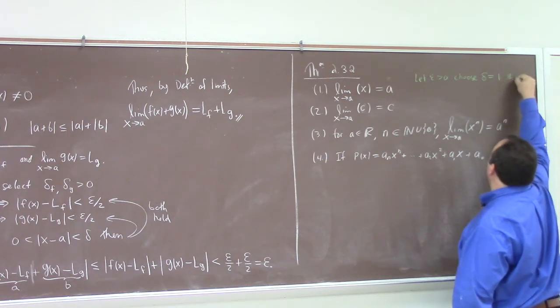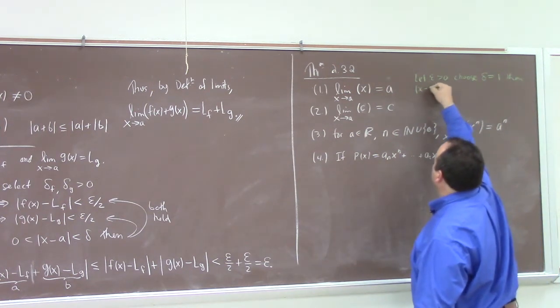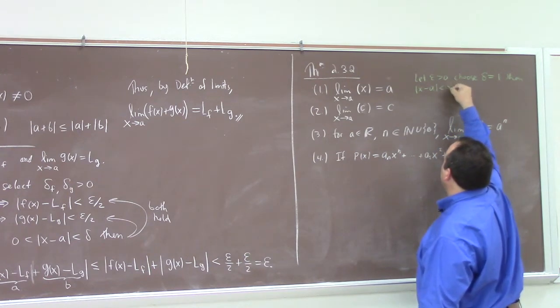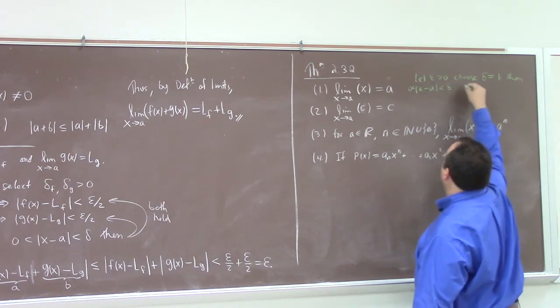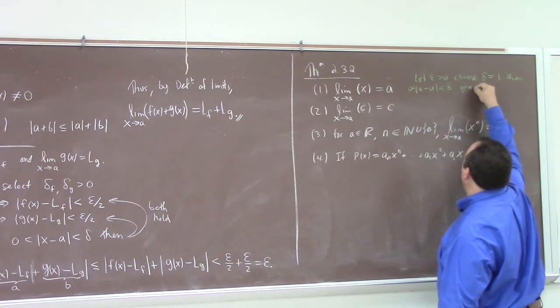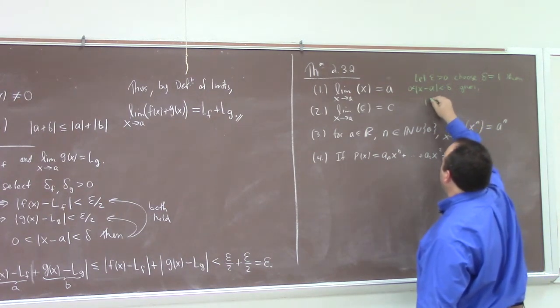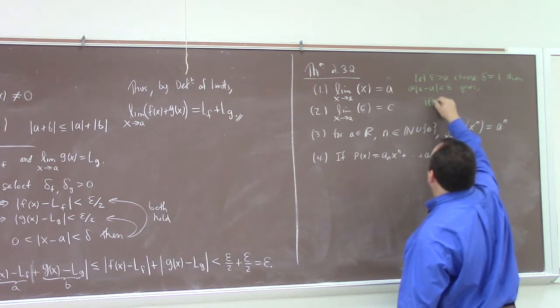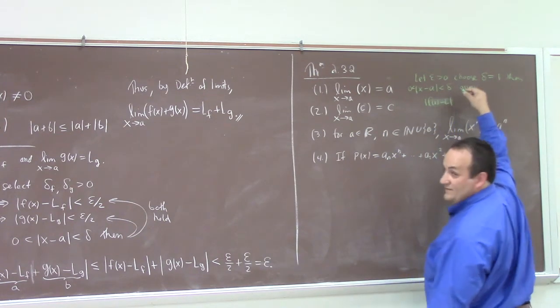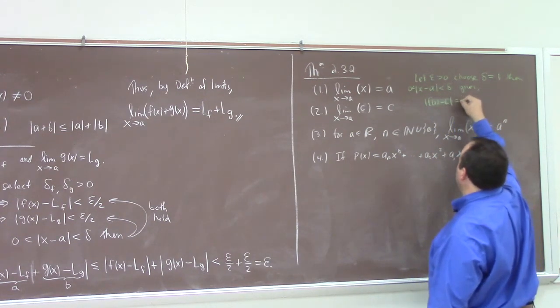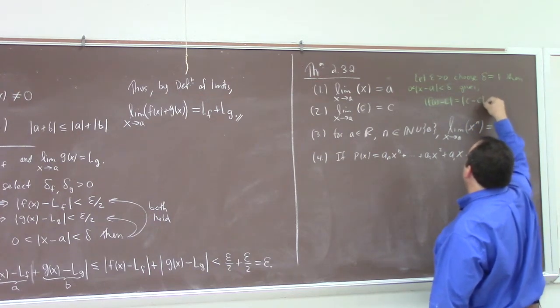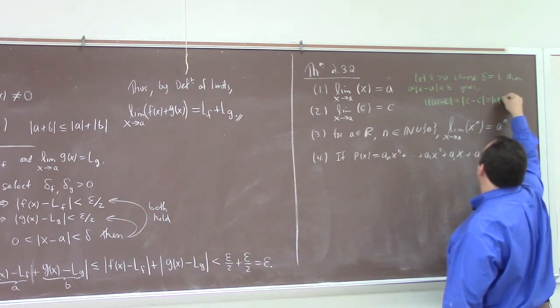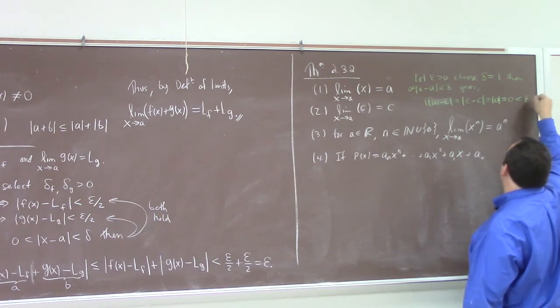Then the absolute value of x minus a less than delta gives the absolute value of c minus c, right? That's f of x minus L. In this case, f of x is equal to c, and L is equal to c. So that's c minus c. Well, c minus c is 0.